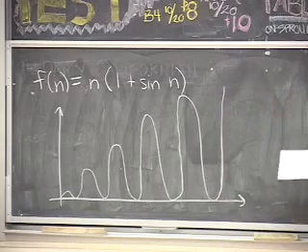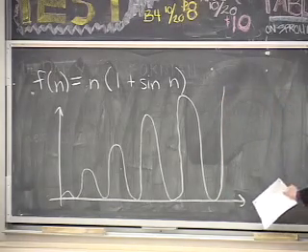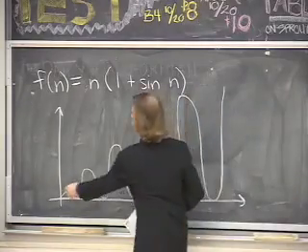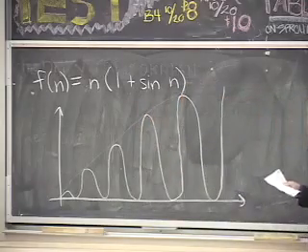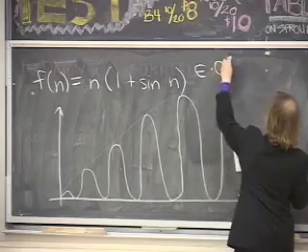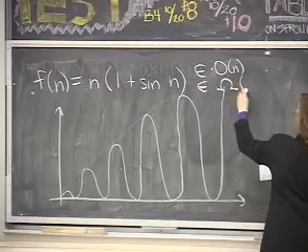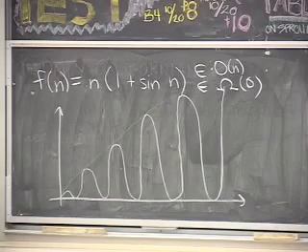And so what's interesting is that you can have functions that oscillate back and forth between something that grows slowly or not at all at the bottom point and something that grows fast at the upper point. So this weird function here is in big O of n, and it's in big omega of, well, 0. It's about the best you can do, because it always returns back to 0.